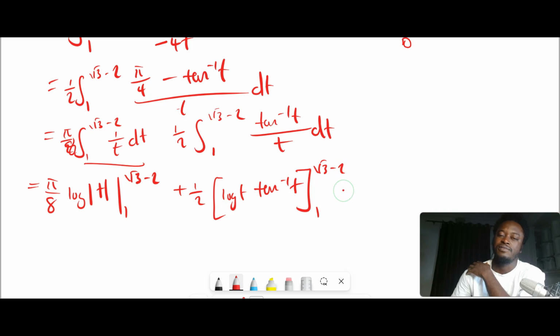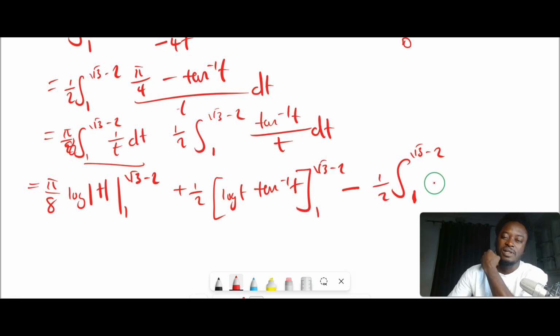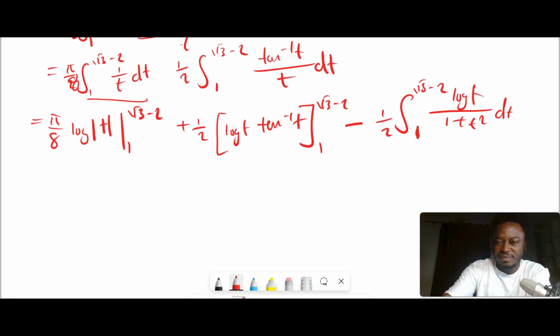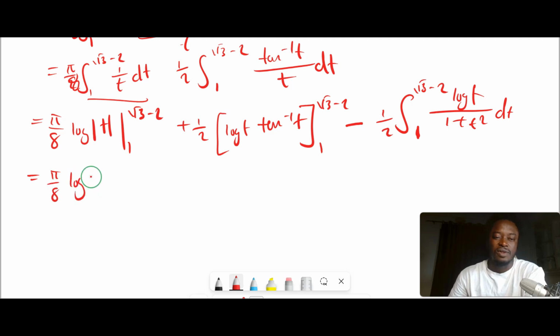Then you have to subtract from this half times the integral from 1 to square root of 3 minus 2 of, now you have to take the derivative of tan inverse, so that would be log t divided by 1 plus t squared dt. So this would equal pi over 8 times the logarithm of 2 minus square root of 3.